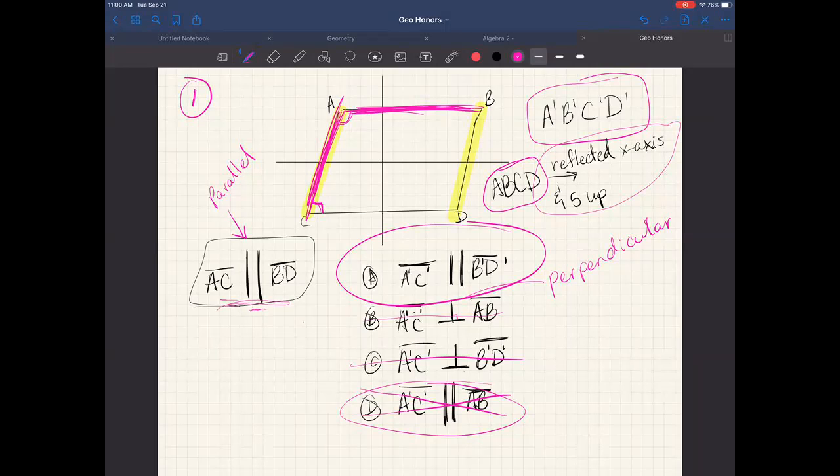What you're comparing, so for example, if I moved, I'm going to do a horrible job, but let's say this is my shape and I do the transformation over the X and up 5, and now it's somewhere over here. This was C, A, B, D. This is my original one.